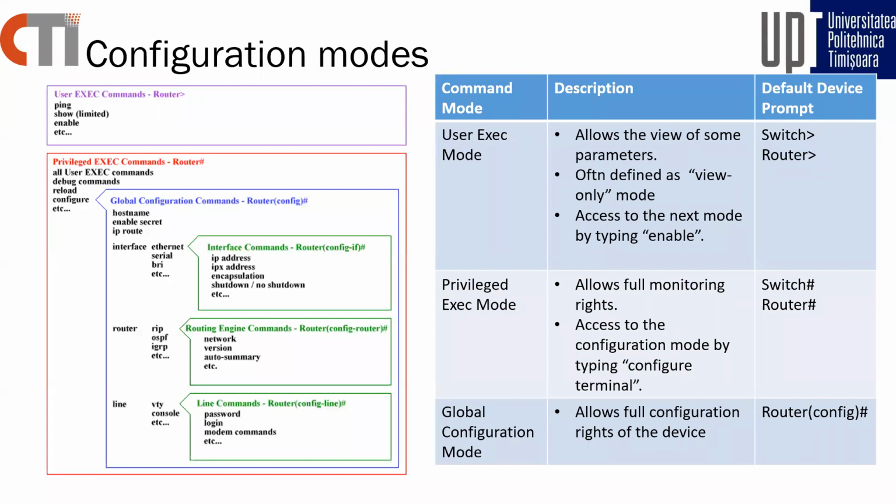We're just going to try to familiarize ourselves with the basic principles, especially regarding the configuration of an equipment and the actual use of the simulator. So exec mode only shows us some parameters. By typing enable, we are able to enter the privileged executive mode.